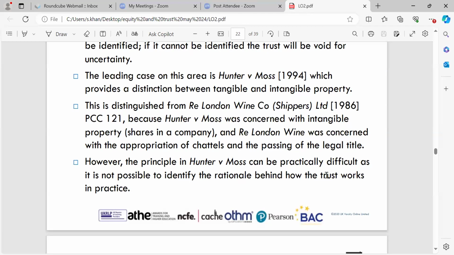In the case of Re London Wine, a wine merchant bought and held wine for clients for their order. The stock of wine was held together without distinguishing which particular bottles were held for which client. The wine merchant company went into liquidation, and the claimants argued that the wine they had ordered from the shipper was held on trust for them under the terms of their contracts.